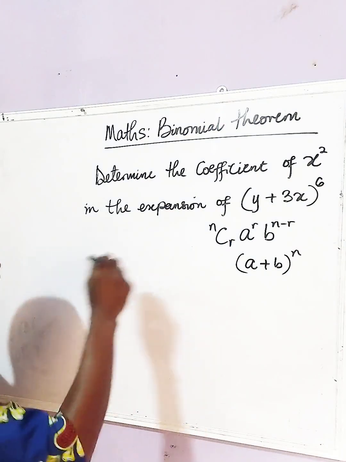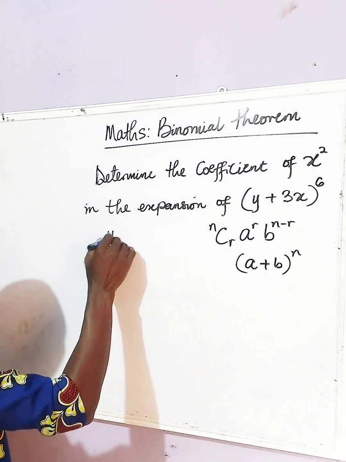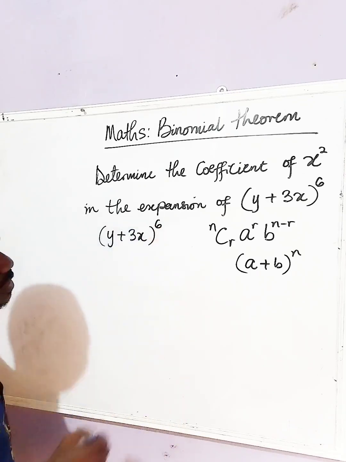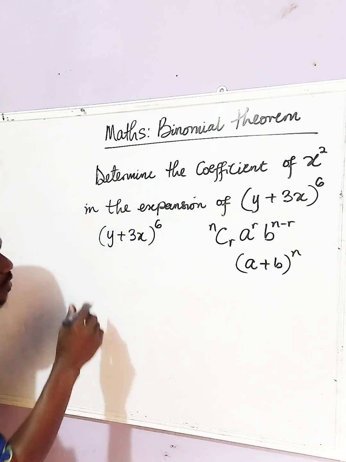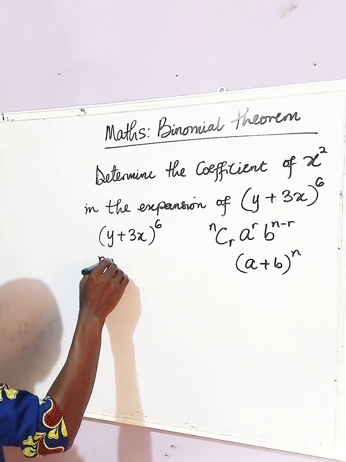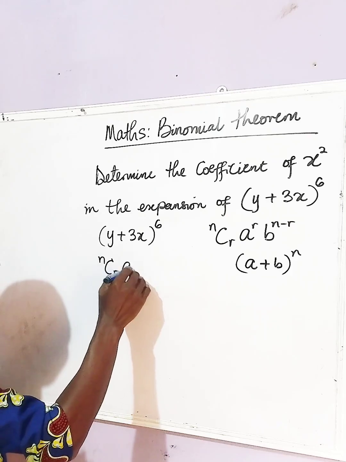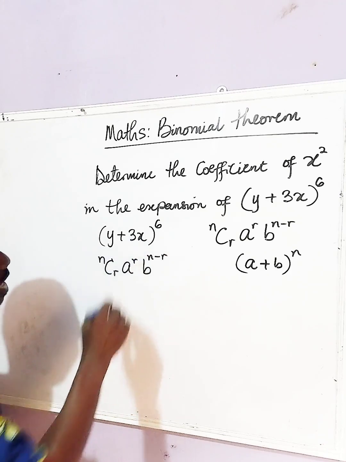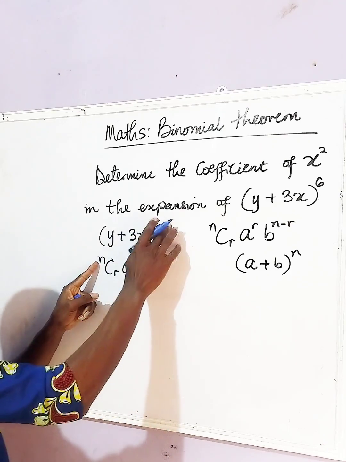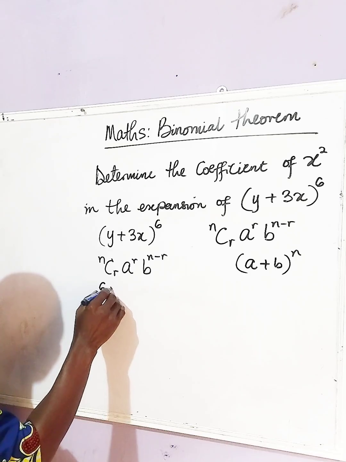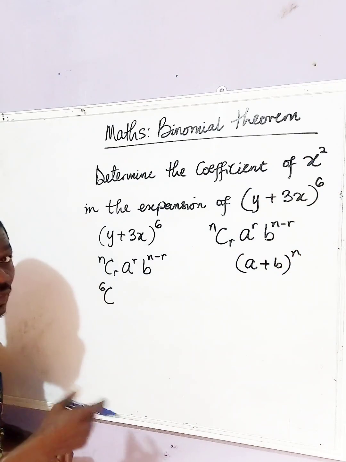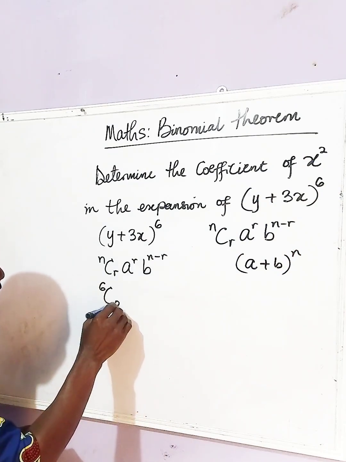So let's come over here: (y + 3x) all raised to the power of 6. Bringing in the general formula, we have n combination r, then a^r, then b raised to the power of n minus r. So our n is 6, so here you have 6 combination r, where r is the degree of the term we're looking for, which is 2.